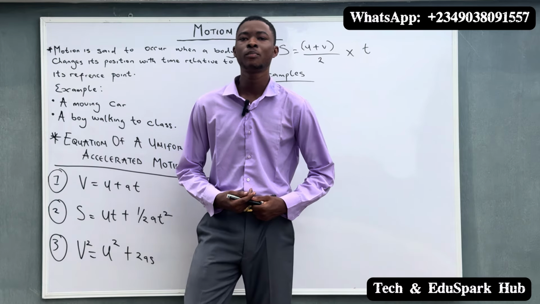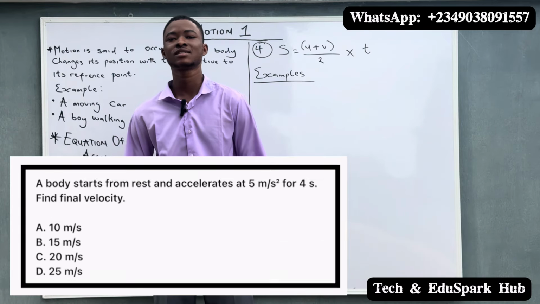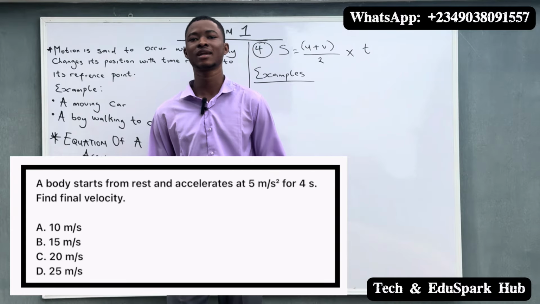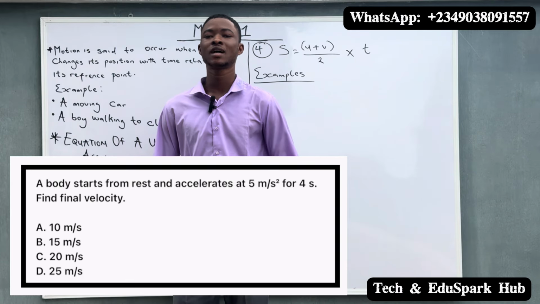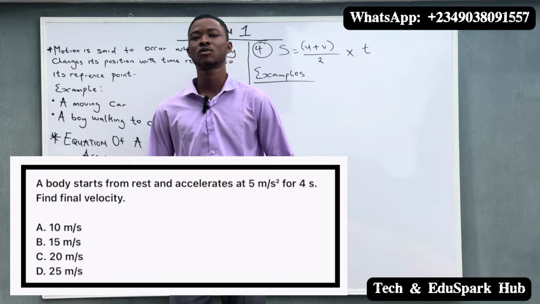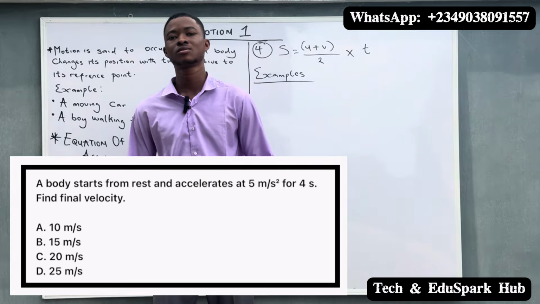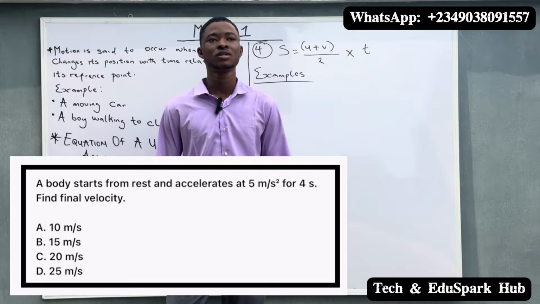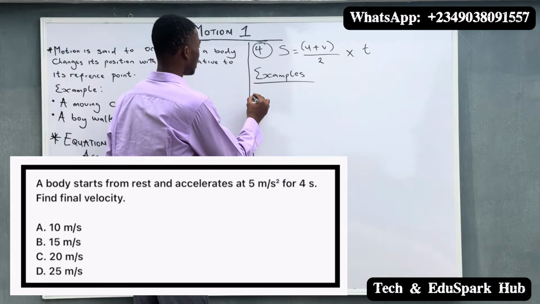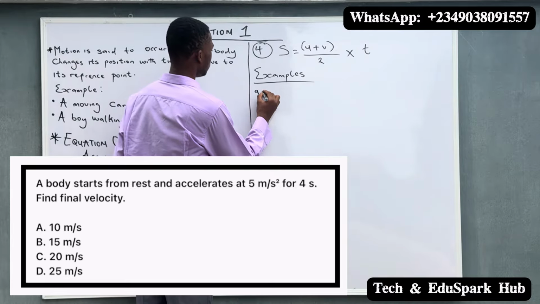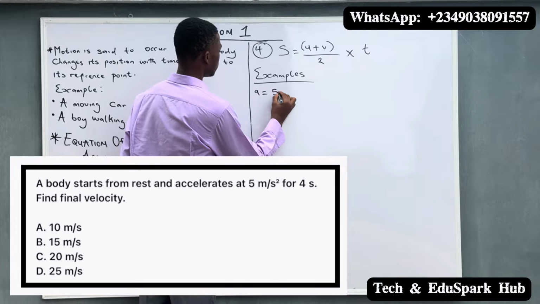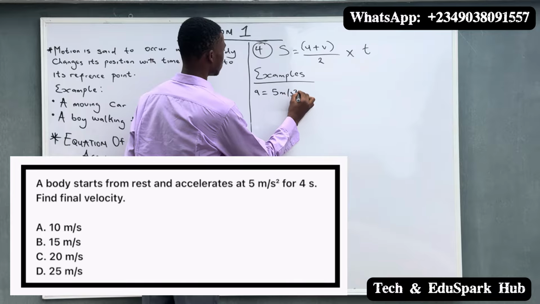The first example, as displayed on the screen, says that a body starts from rest and accelerates at 5 meters per second squared for 4 seconds. Find its velocity. So the question is asking us to find the velocity. We are given the acceleration, which is 5 meters per second squared.